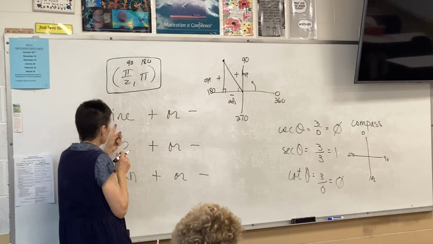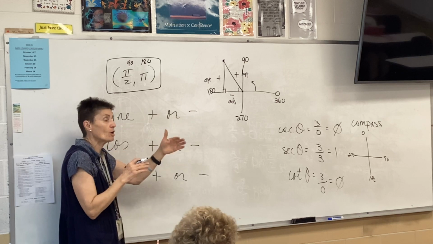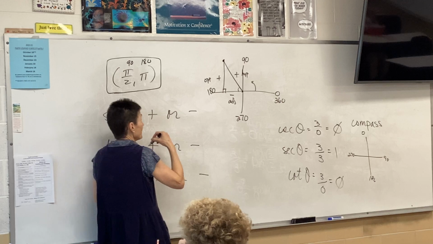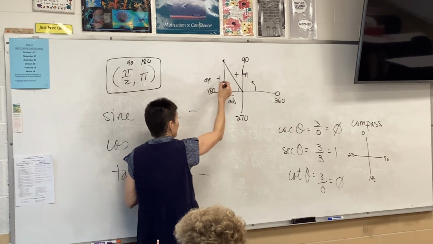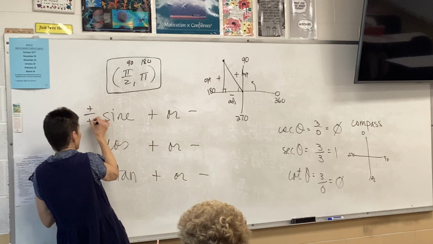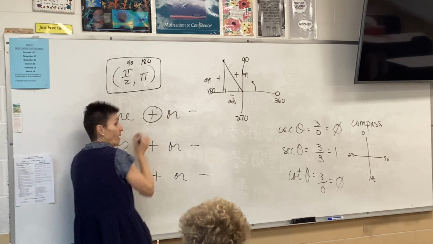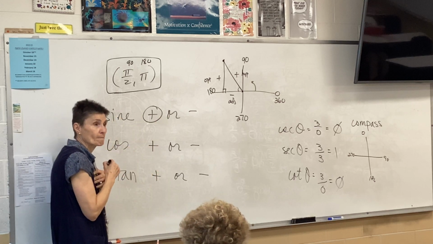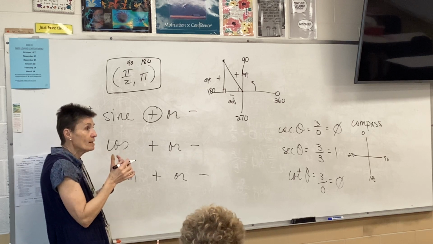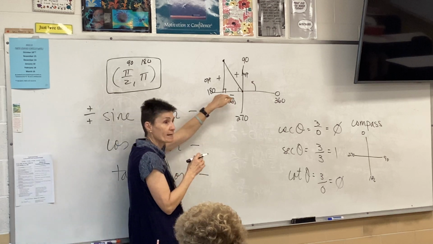So if they want to know if the sine is positive or negative, we don't want to know what number it is. We just want to know if it's positive or negative. Remembering that sine is opposite over hypotenuse, wouldn't that be positive over positive? Which is going to make it positive. Are you sort of getting it? It's kind of confusing. So let's look at cosine. What's cosine in terms of a triangle?